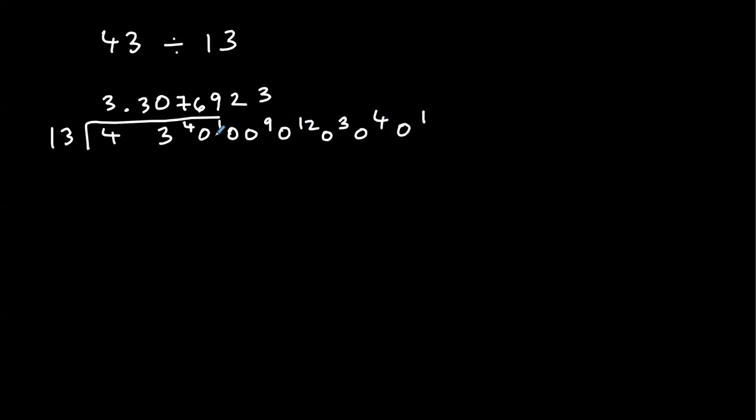And then it's just going to repeat from this point onwards. So it's going to be 4, 1, 9, 12, and so on. So we know it's going to be a recurring decimal from this point.